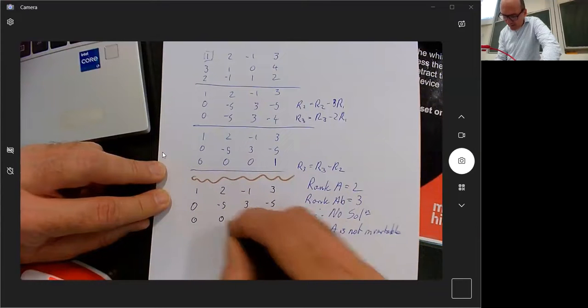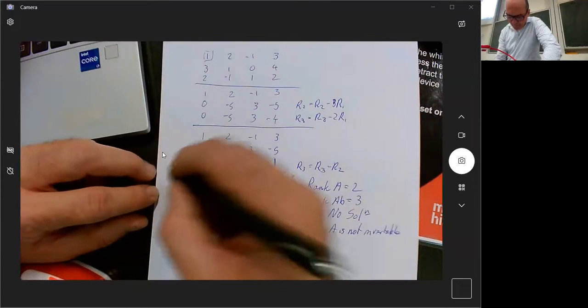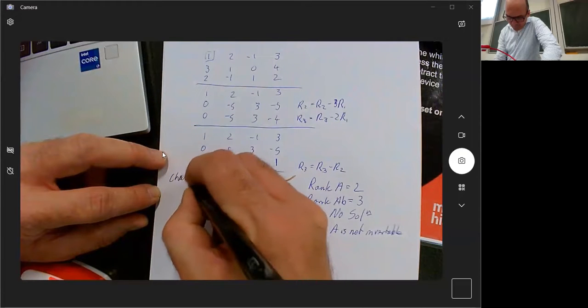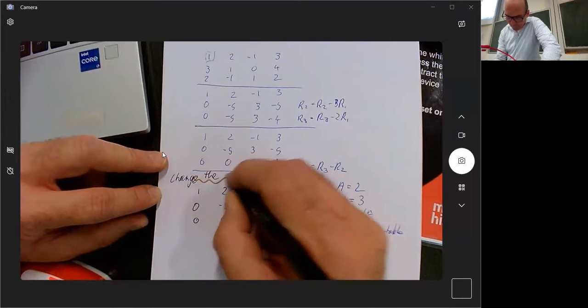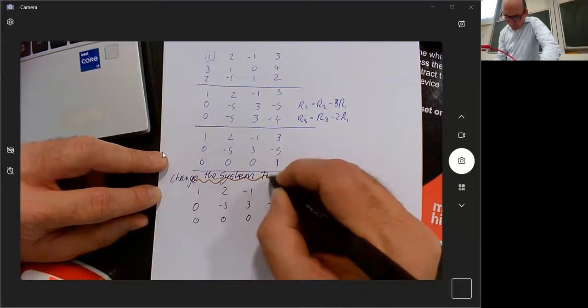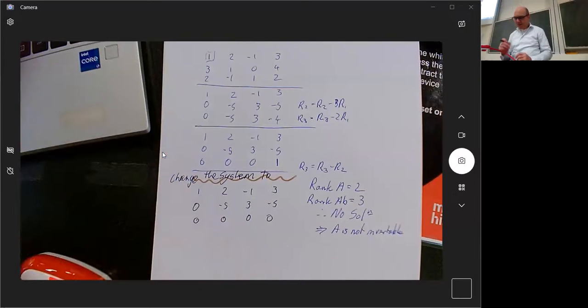Let's just pretend this is a row of all zeros. I'm going to change my system to this.